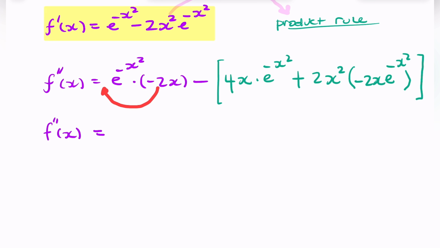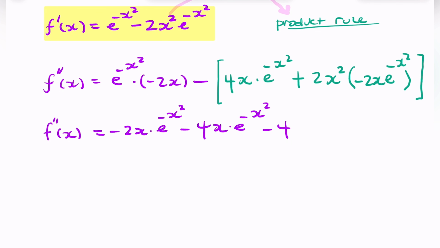I'll bring this here, so it's minus 2x e to the minus x squared minus 4x e to the minus x squared minus 4x squared. So I multiplied the 2 times minus 2. That gave me minus 4. But then I need to multiply by that minus. That will give me plus 4. And then I multiply by e to the minus x squared.